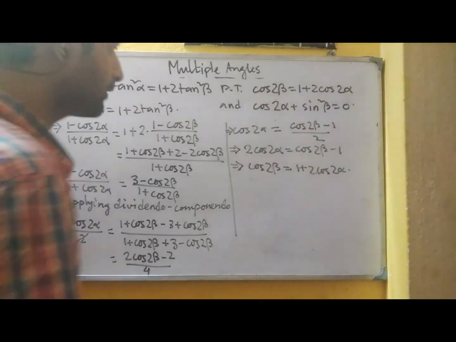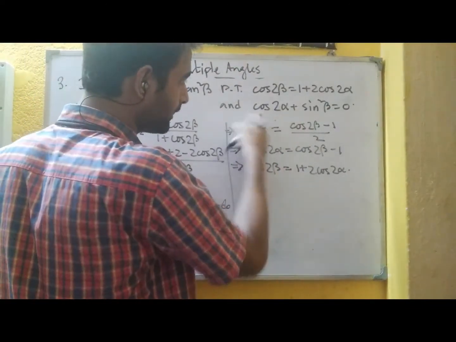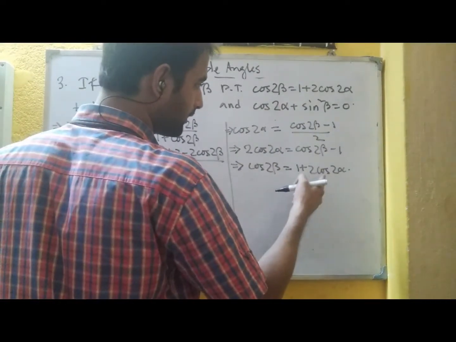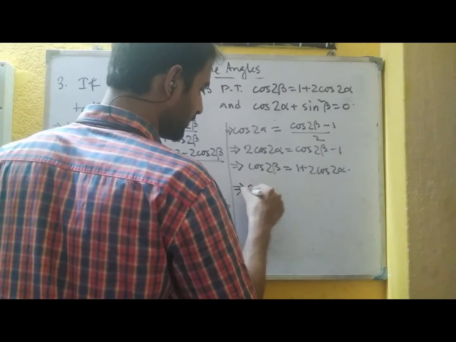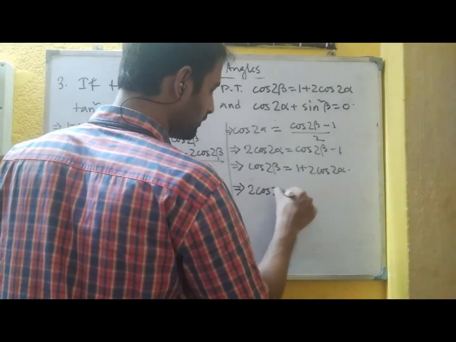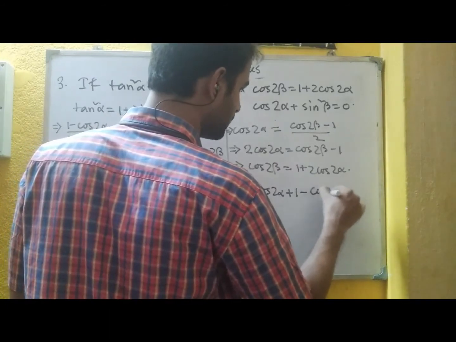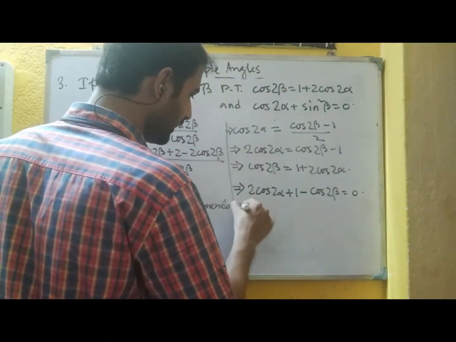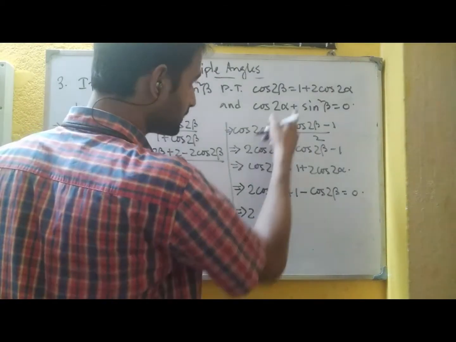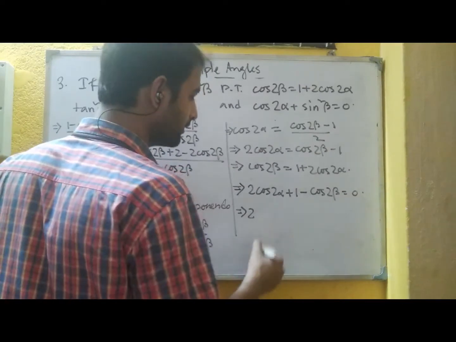Now, for the next part, since there is cos 2 alpha here, let us take this cos 2 beta to that side. So we can write 2 cos 2 alpha plus 1 minus cos 2 beta equals 0. And we have the formula of cos 2 beta. Since it is sine square beta, we have to convert this cos 2 beta into sine.